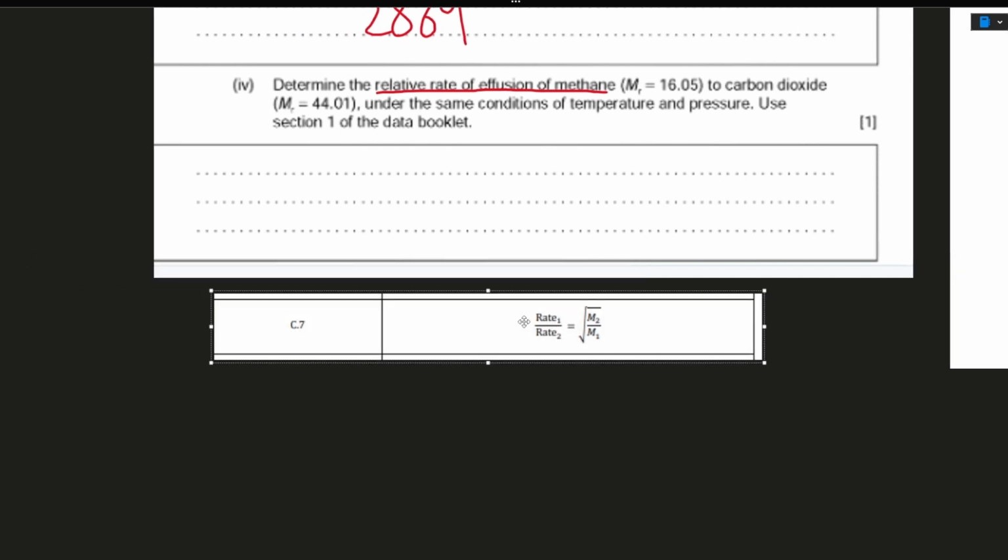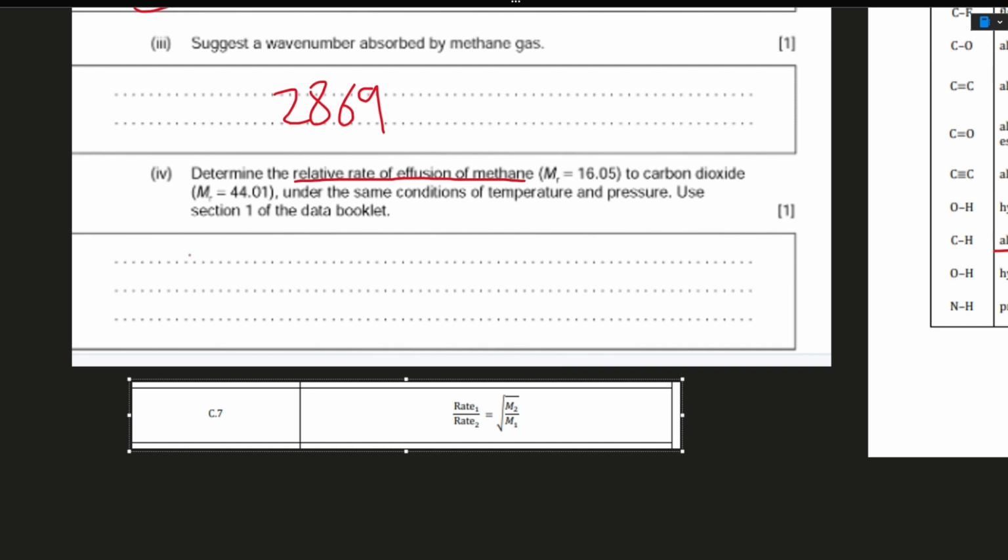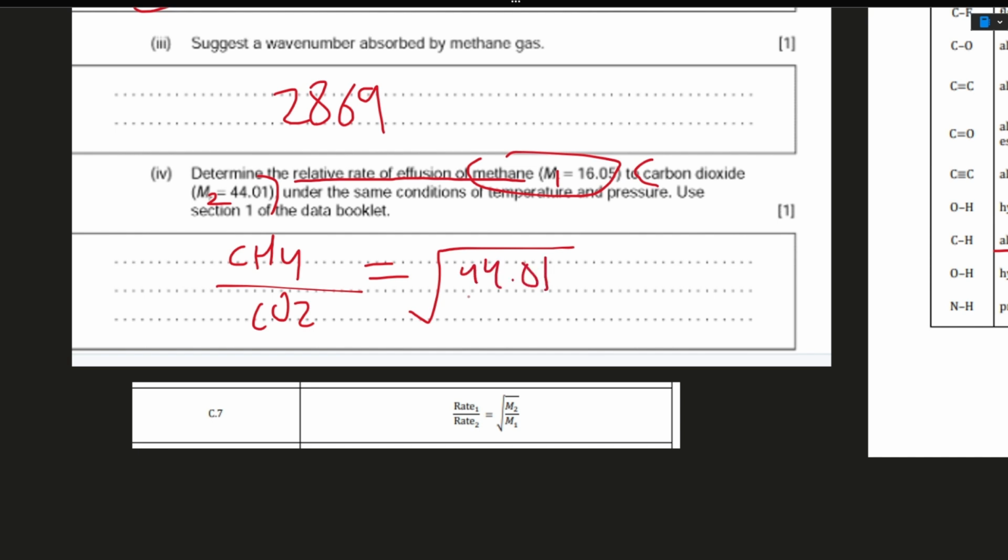And here we can see that it's the final rate over the, or M_R2 over M1. So we can see it's rate 1 over rate 2. So it's CH4 to carbon dioxide, which equals the square root of M2, which is carbon dioxide, because methane is M1 and carbon dioxide is M2, which is 44.01, divided by 16.05.